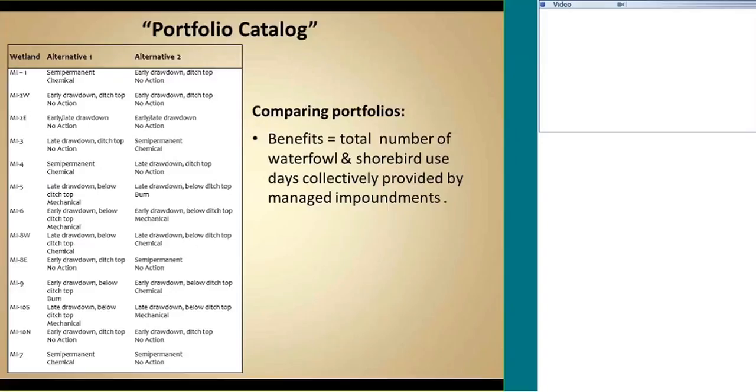We also had to talk to former refuge biologists and staff and elicit information from their knowledge on how bird response to these actions occurred. And then we also created a very simple influence diagram of how the ecology of shorebirds and waterfowl would typically respond to those actions. And that allowed us to build a Bayesian belief network to capture those relationships.